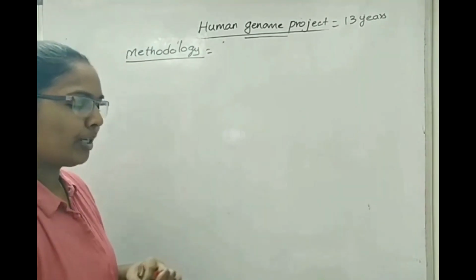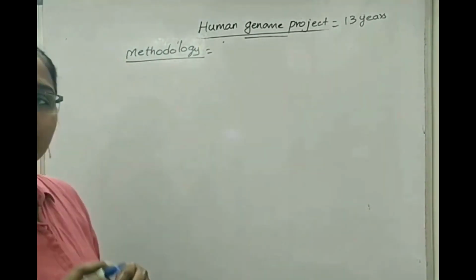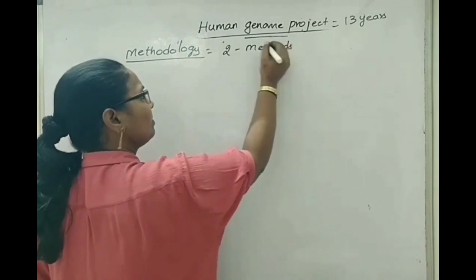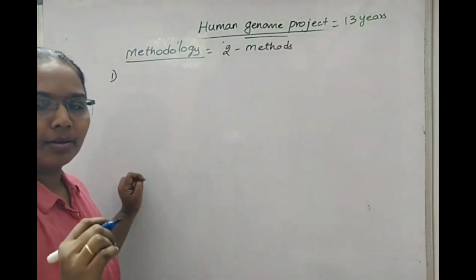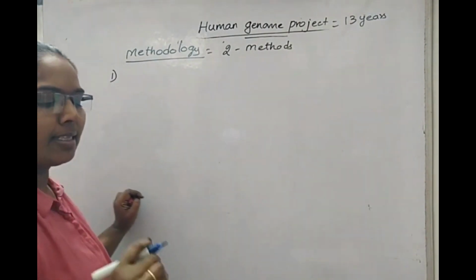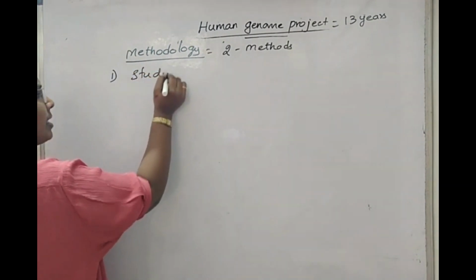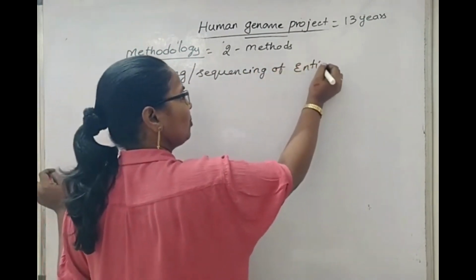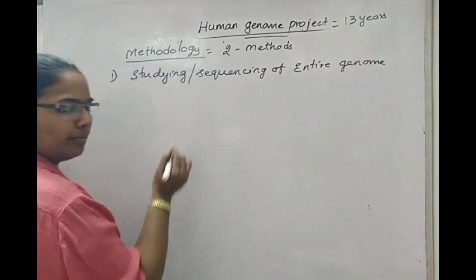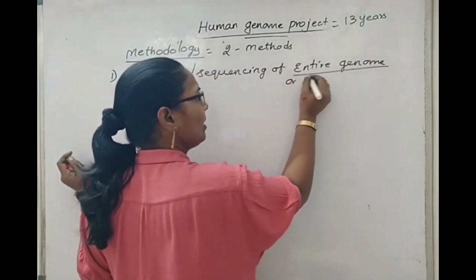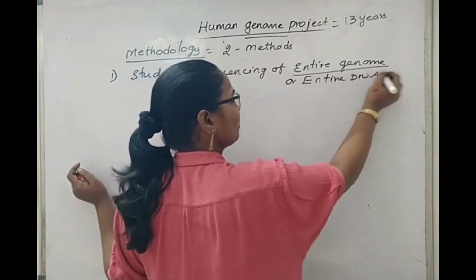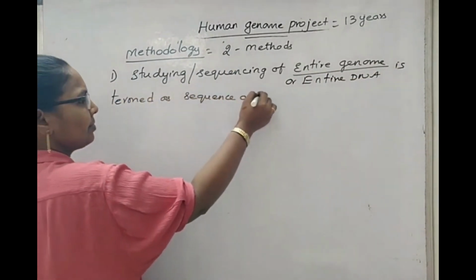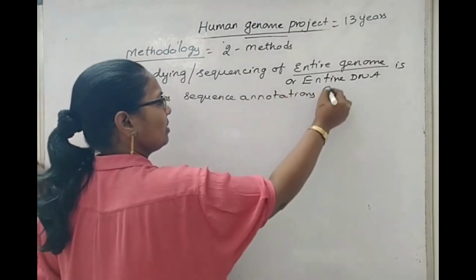So studying the complete coding and non-coding sequences, or sequencing the entire genome or entire DNA sequence, is termed sequence annotations. This is written with capital S and capital E.